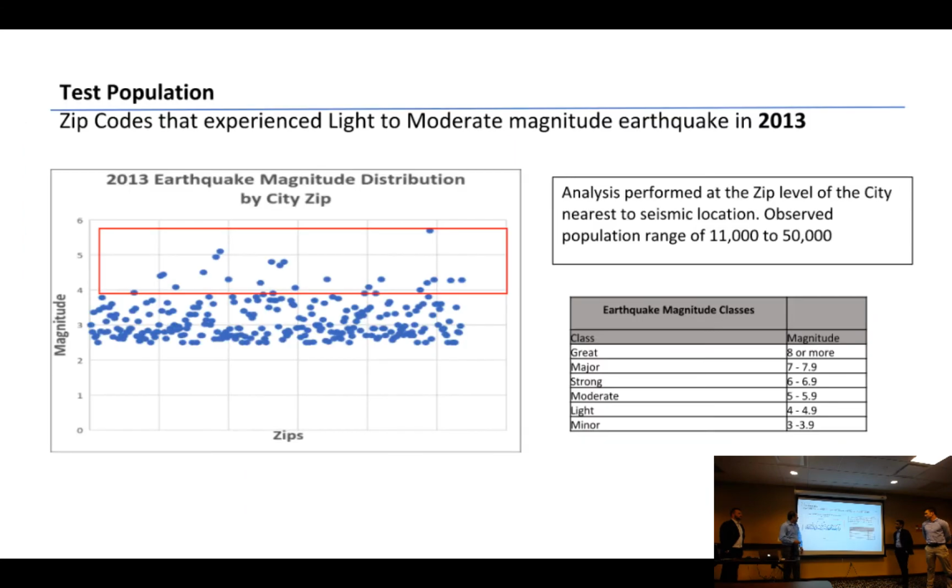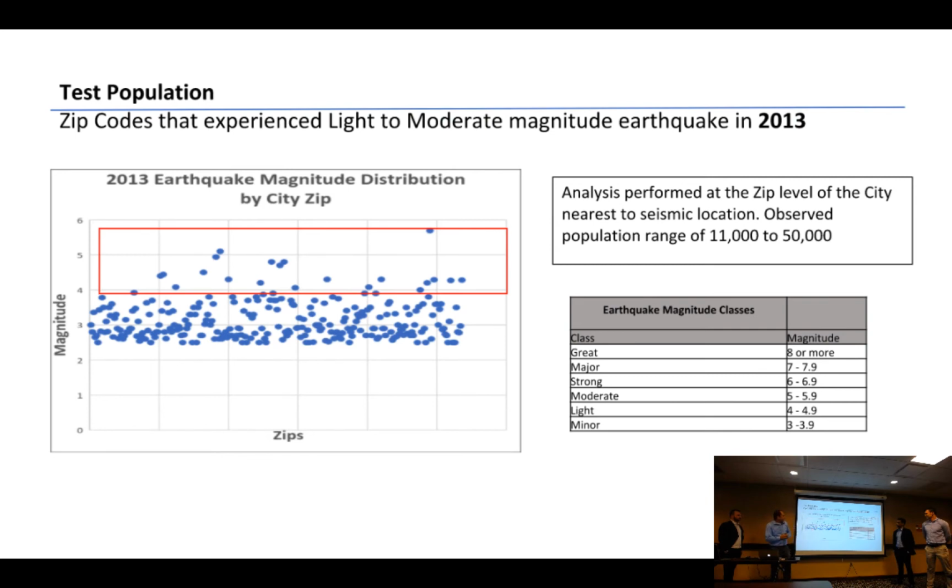So going forward with our analysis, we picked 2013 as the subject of analysis. The population that we pick are zip codes that were impacted by the 2013 earthquakes with a magnitude of 4 and up. We have the magnitude effects bucketed into these categories.